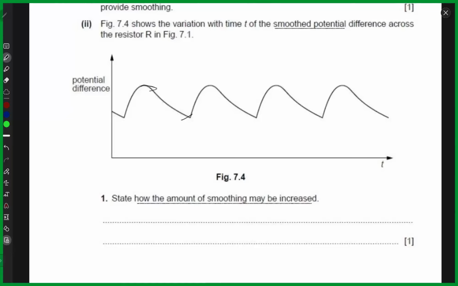So instead of this, it could be like this. Because now there is less loss in potential because more of it is now stored in the capacitor. So you can use it from the capacitor. It's stored inside, and so there will be less loss in the potential. Does that make sense?